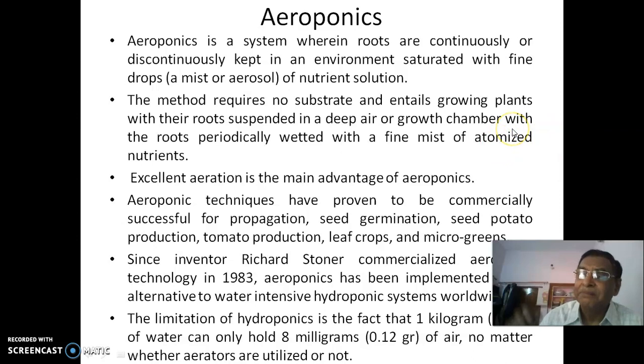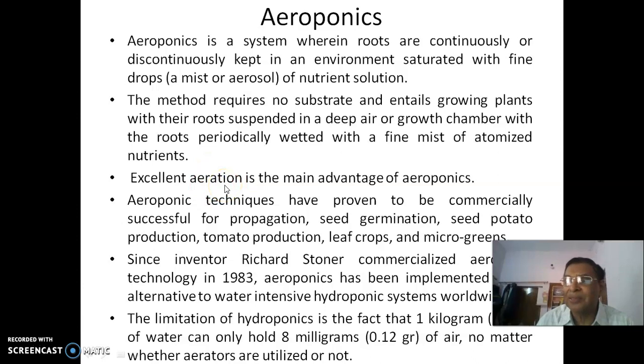The roots are periodically wetted with a fine mist of atomized nutrients. These nutrients touch the roots, and that is how the nutrients are supplied. Excellent aeration is the main advantage of aeroponics.